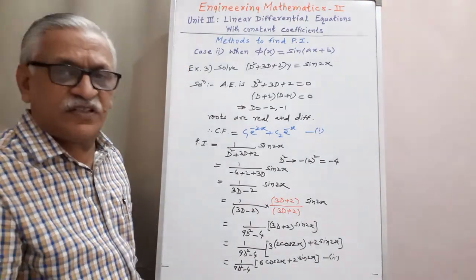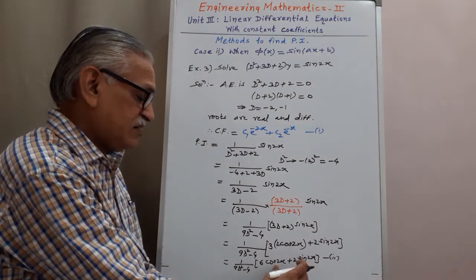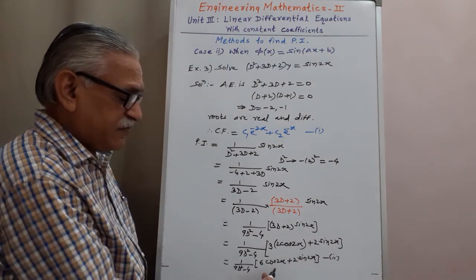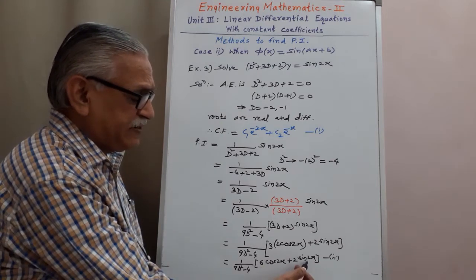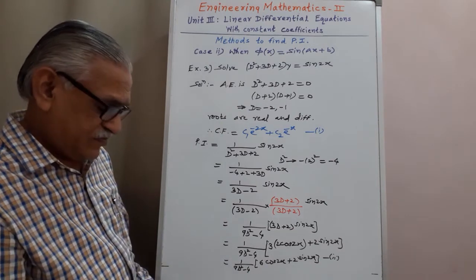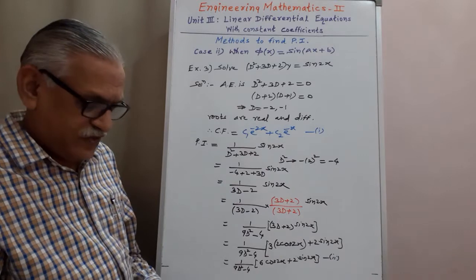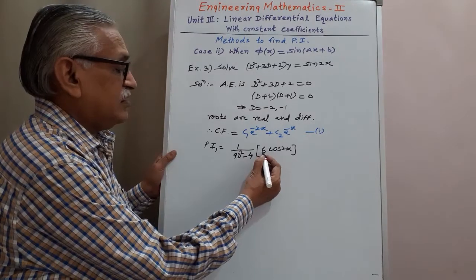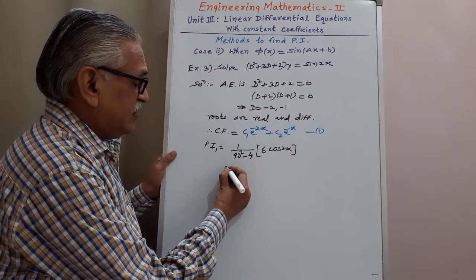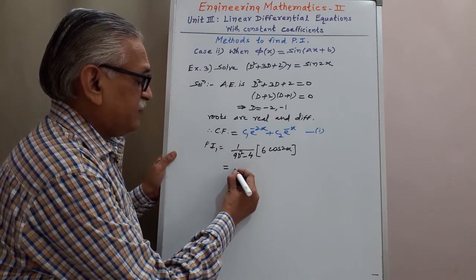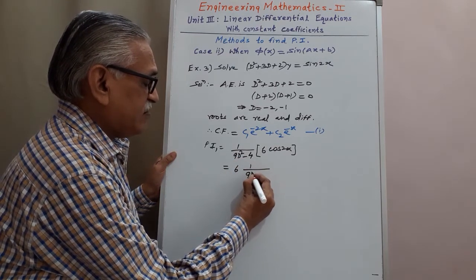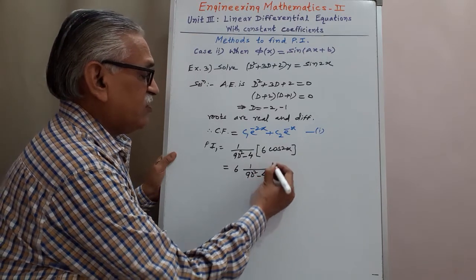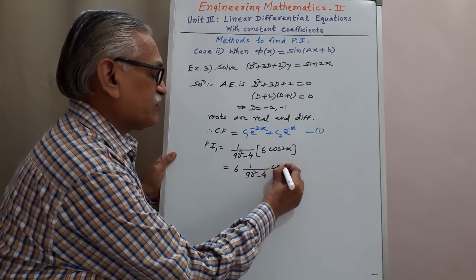There are 2 terms on the right hand side of this operator. Therefore we find PI1 and PI2, operating separately, and we get the required PI. The constant 6 we take before the operator. Therefore 6 times 1 upon 9D square minus 4, which we operate on cos of 2x.